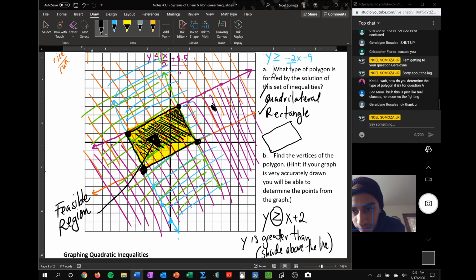I could tell that these two sides look pretty much the same length, these two sides look like they're the same length, and this is probably a 90 degree angle. We don't know exactly, but that's the idea.